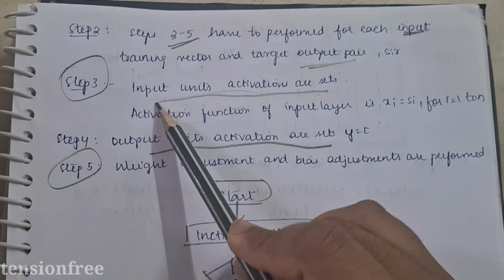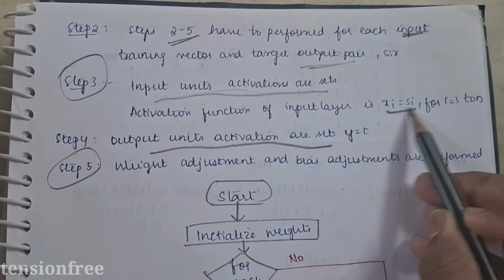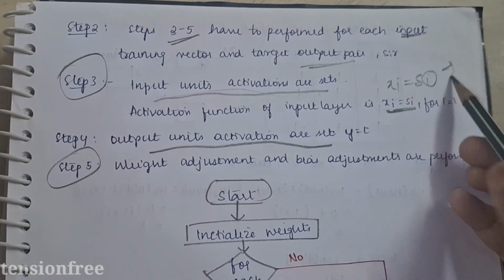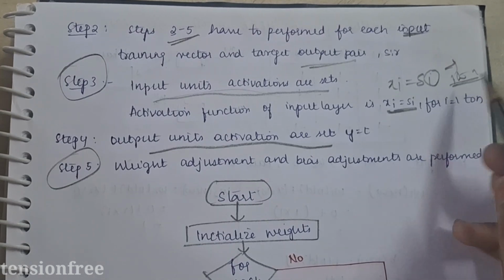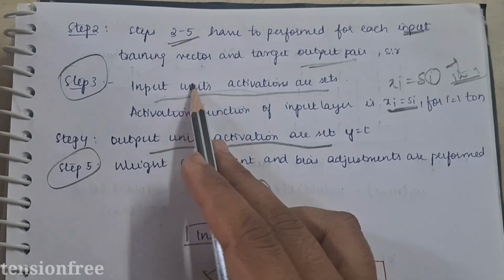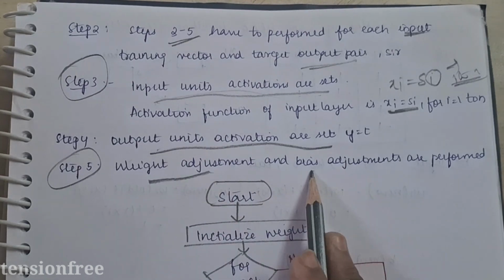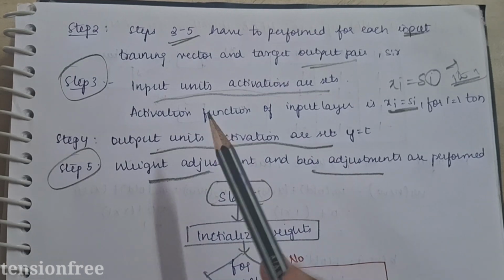The input layer activation is xi equals si, where i is from 1 to n, the number of inputs. After the input and output, we need to adjust the weight and the bias. This is the algorithm.